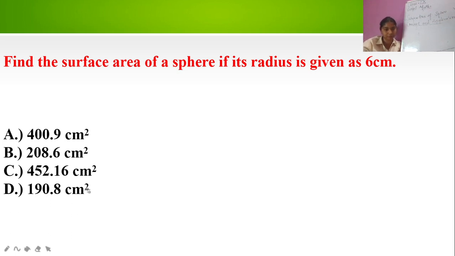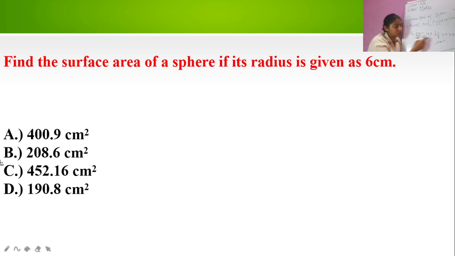Okay, so let's do it. So that is 4 pi r square, right? For pi you can use 22 by 7, and 6 into 6. So you get the answer in centimeter square.